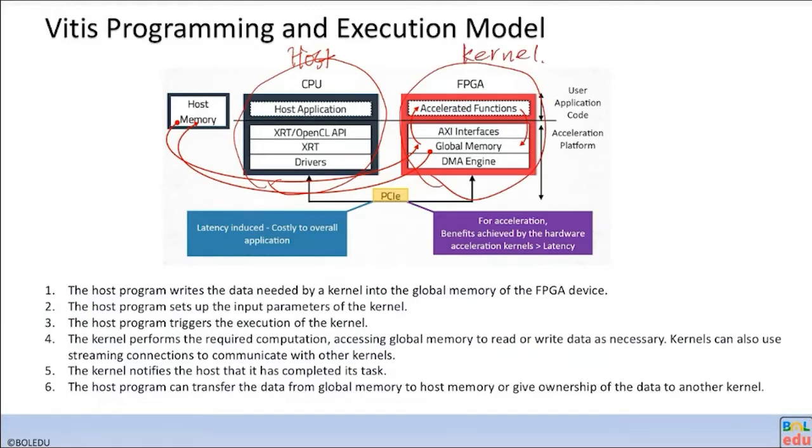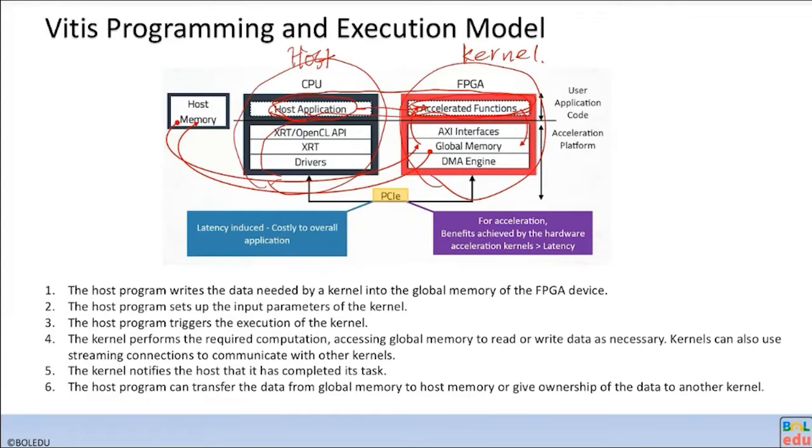On the host side, you have a host program. Before you do the application acceleration, the host application and the accelerated function are actually integrated parts running on the host, and then you separate them. So then you need the infrastructure, a framework, to support this application acceleration.